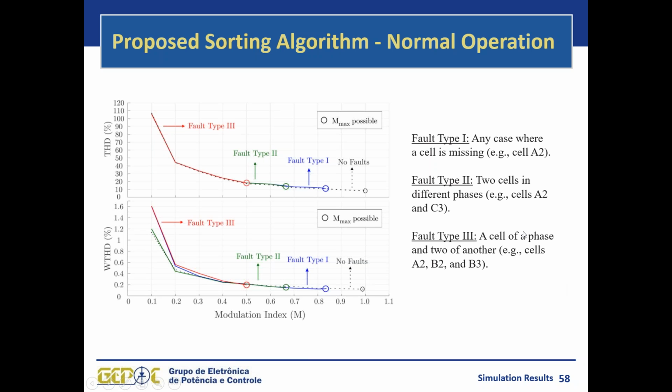We can have more faulty cells, for example, all cells faulty in one phase and another phase with one or two faulty cells. So we can have many different configurations for faults here.